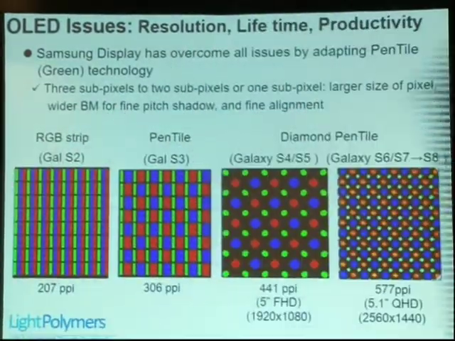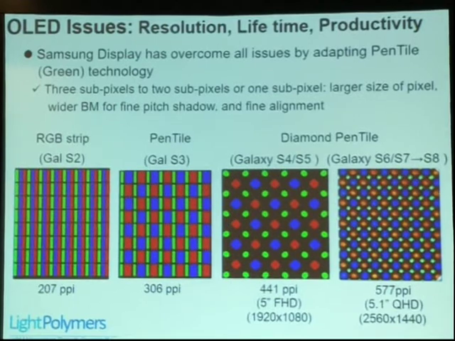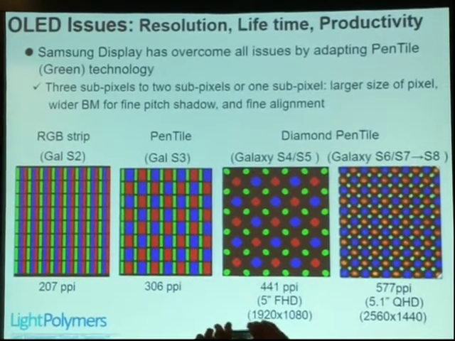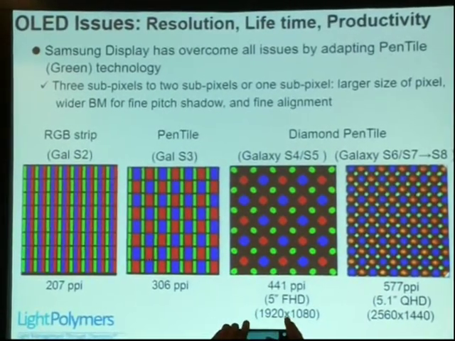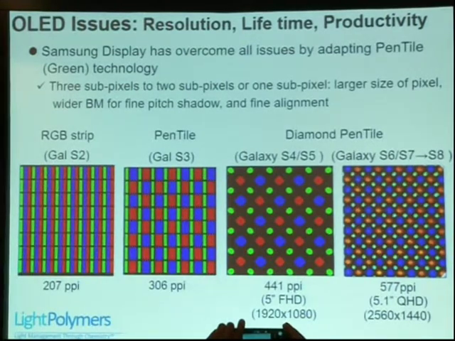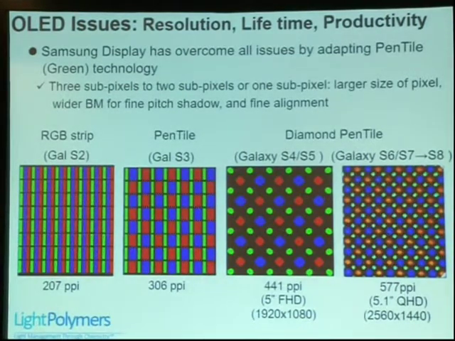the OLED panel. So you can see here, the resolution is increasing. In the beginning, Samsung used the RGB stripe for Galaxy S2. It changed to PenTile, and then maybe also diamond PenTile. It means the 3 pixels go to one dot, one image.